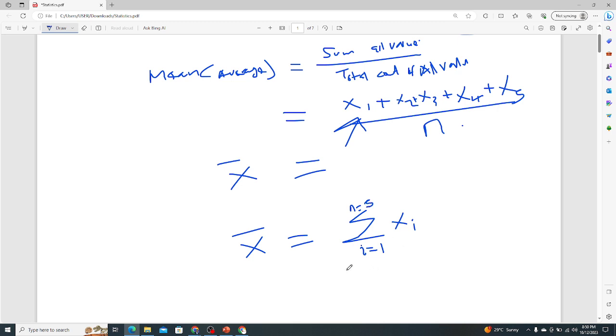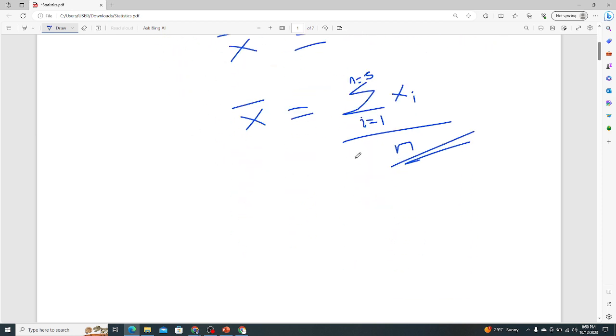Then divide by n. So basically this is the formula for the sample mean. Yeah, so this is the formula for mean.